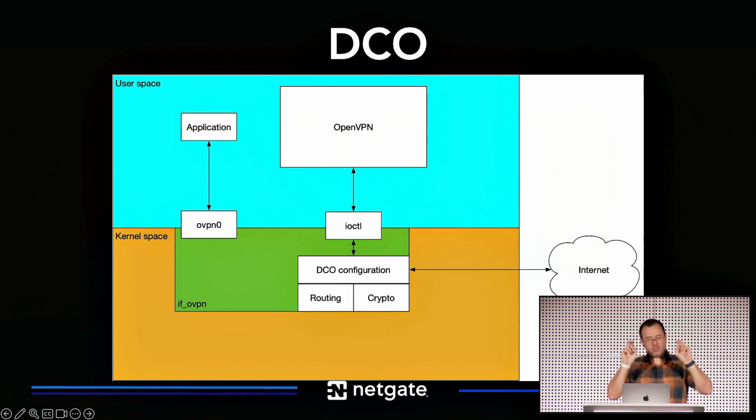All of the complicated bits, the policy, the initial authentication, dealing with the pre-shared keys or the public-private keys, all of that is still done in user space by the OpenVPN daemon itself. Hence also the ioctl interface, which is a communication between user space and the kernel to coordinate all of this. The end result of this, having moved the data channel into the kernel, makes things much faster.